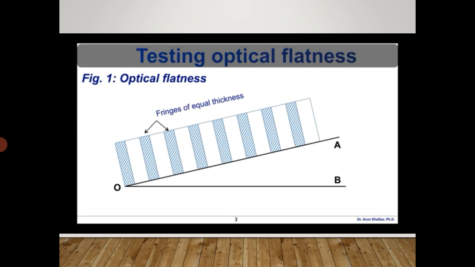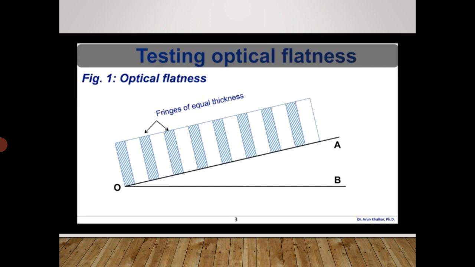When monochromatic light is incident on the optical flat, we get alternate dark and bright fringes, also known as interference fringes.